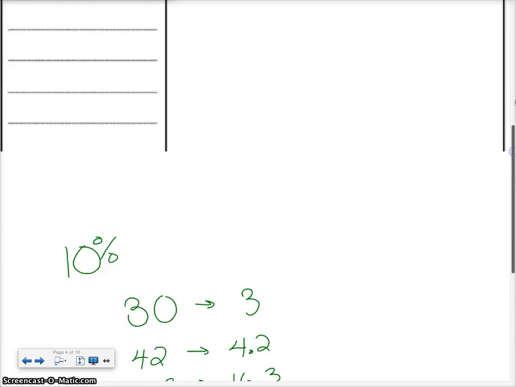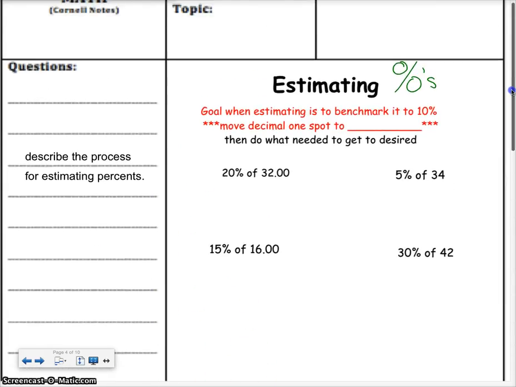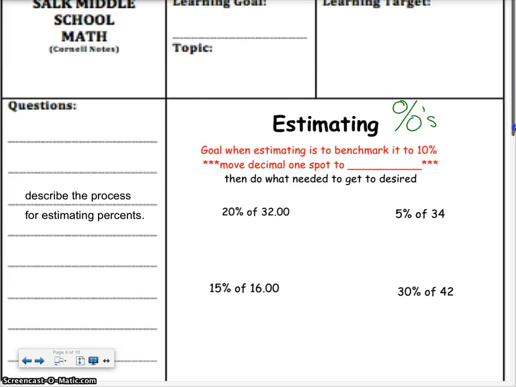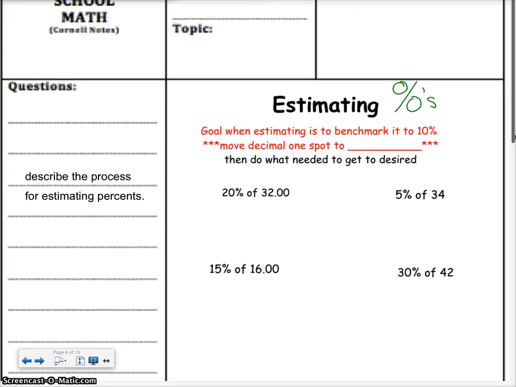And all you have to do when you calculate 10% of numbers, you move the decimal one spot to the left. That's all I did. So the decimal, remember, is always kind of hiding at the end of a number if you can't see it. And all you do when you do 10%, you move it one spot to the left.